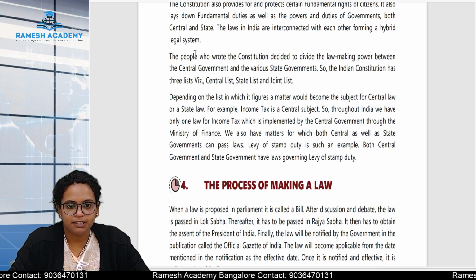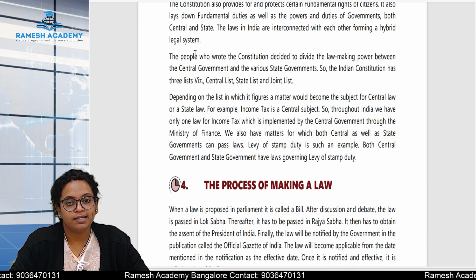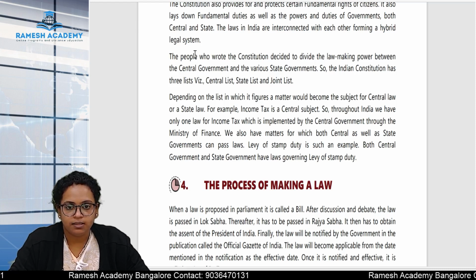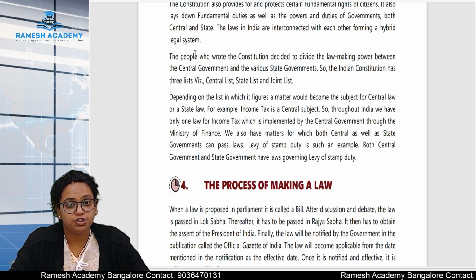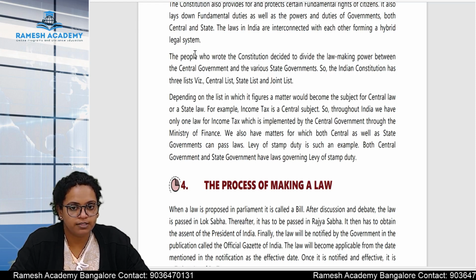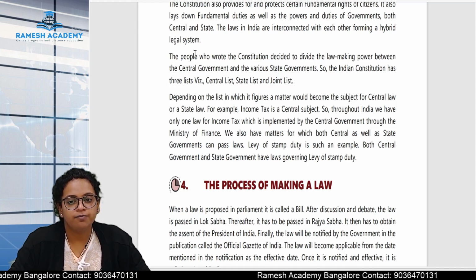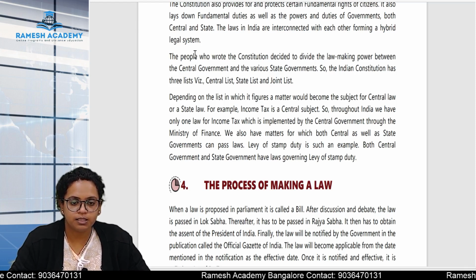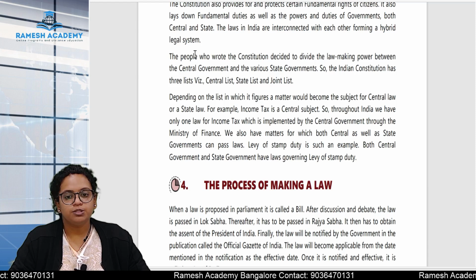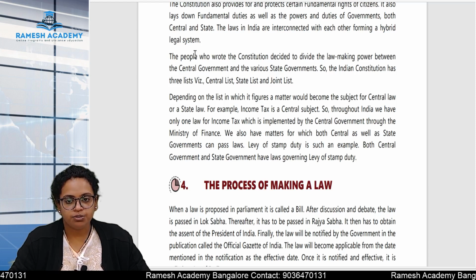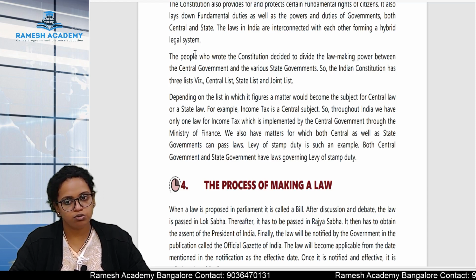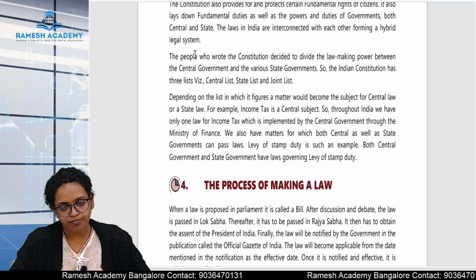Say for example, income tax is under the central list, so the whole of India has one income tax law which comes through the Ministry of Finance. The joint list is nothing but, say we have something called stamp duty. Stamp duty is made both by the central and by the state. So a state can implement its own stamp duties, or if it doesn't want to implement the state stamp duty, it can also implement the central stamp duty.